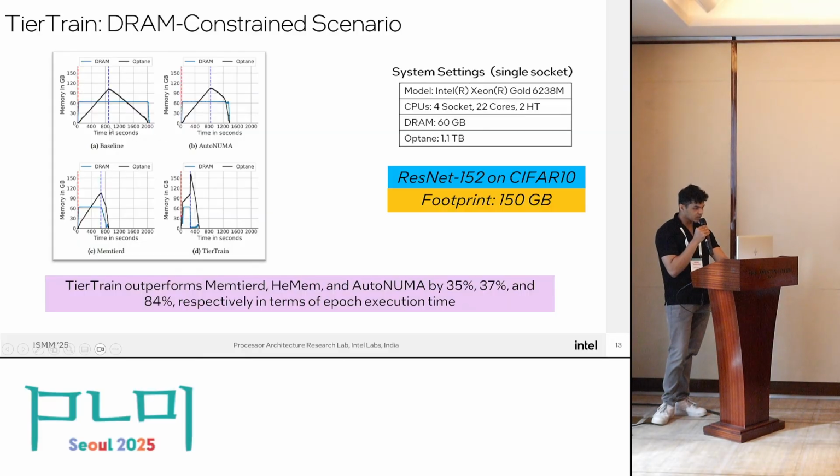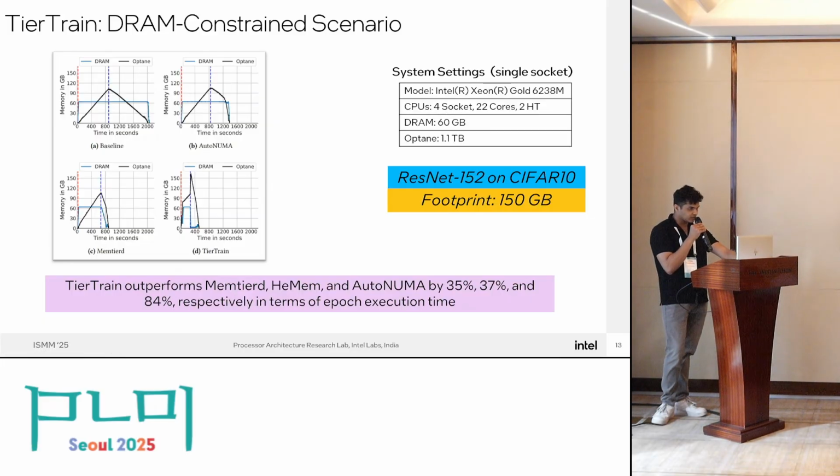Once the DRAM runs out, most of the data is going to spill out into Optane in the baseline. That leads to a lot of performance degradation, taking around 2000 seconds. MEM-TD, Autonoma and TierTrain try to reshuffle this data across different tiers, and we notice that TierTrain outperforms MEM-TD, HBM, and Autonoma by 35, 37, and 84% respectively.